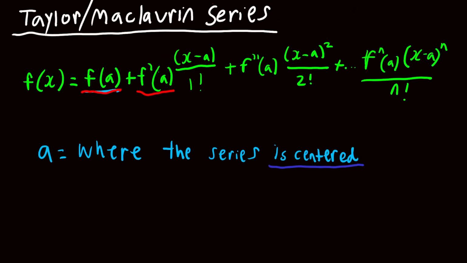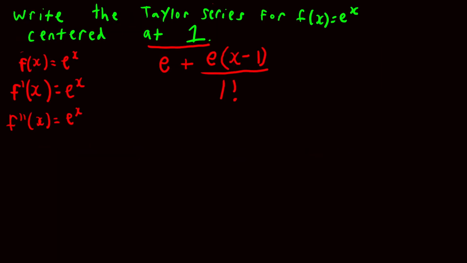We're following our formula. Alright, now let's take the second derivative, e to the x again, so it'll be e again, times x minus 1 squared over 2 factorial.